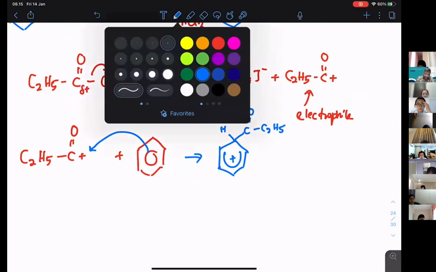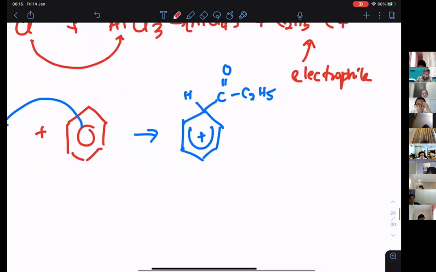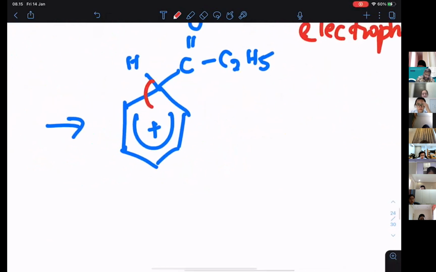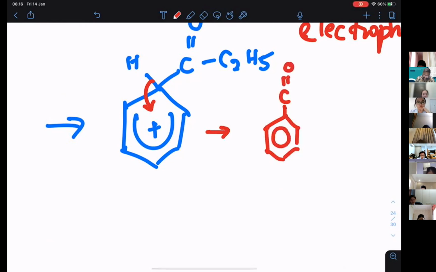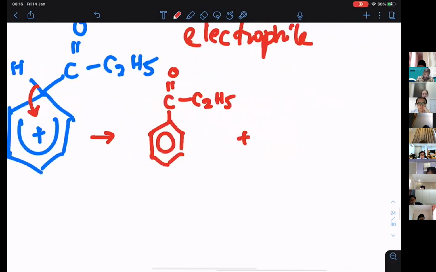The next step is the two electrons will need to come back. They will bring it over here. So you are going to get this one complete. You have C double bond O, C2H5, and then you will have H plus.